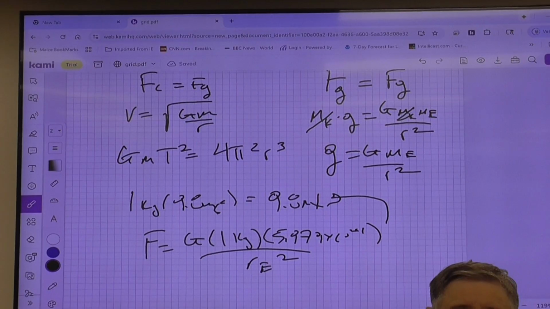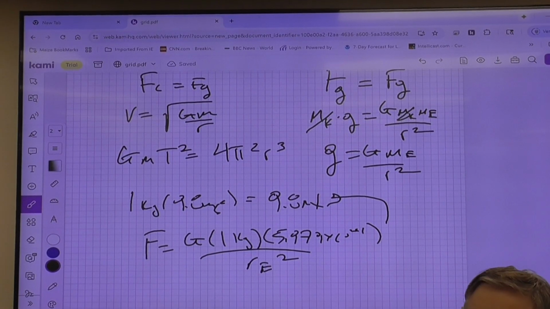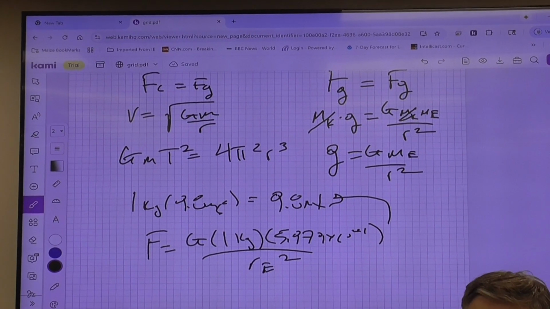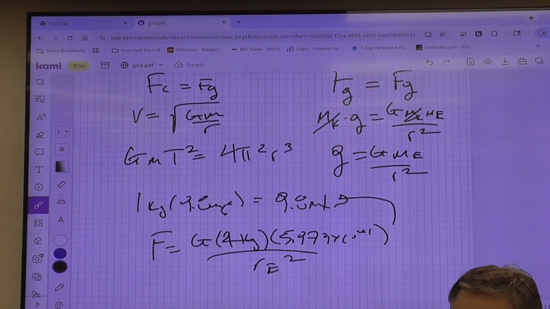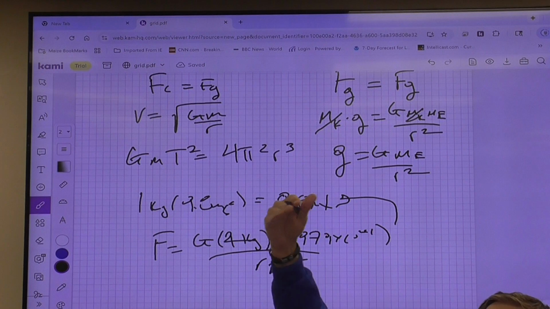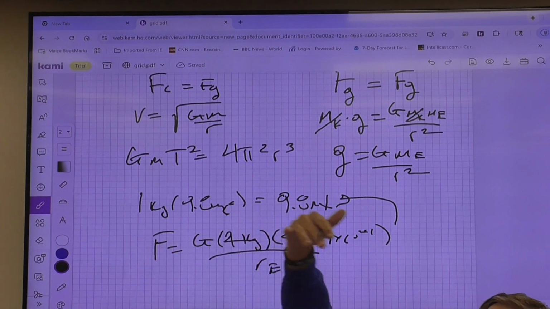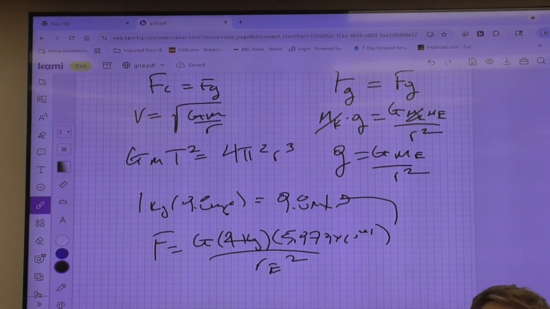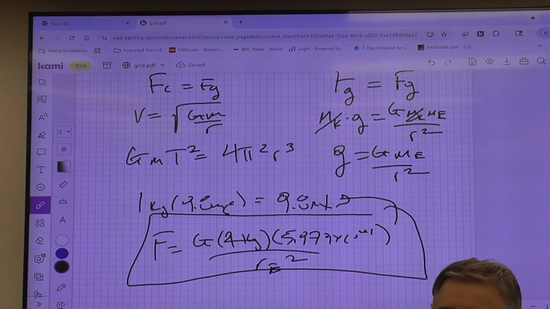And this is what's important. If you had a 2 kilogram mass, you would put 2 kilograms in there, and obviously the amount of force would double because you're doubling the amount of mass that's being attracted to the Earth. So you could do this to calculate the weight of anything. Notice I did not say mass. I said weight of anything.